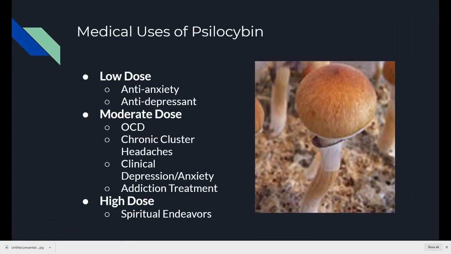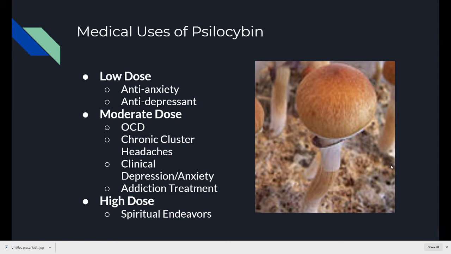Psilocybin is actually being researched right now like crazy, and some of the medical uses are coming to fruition. It will now be about 60 years of psilocybin research in the United States. So this is a really important step to cover.